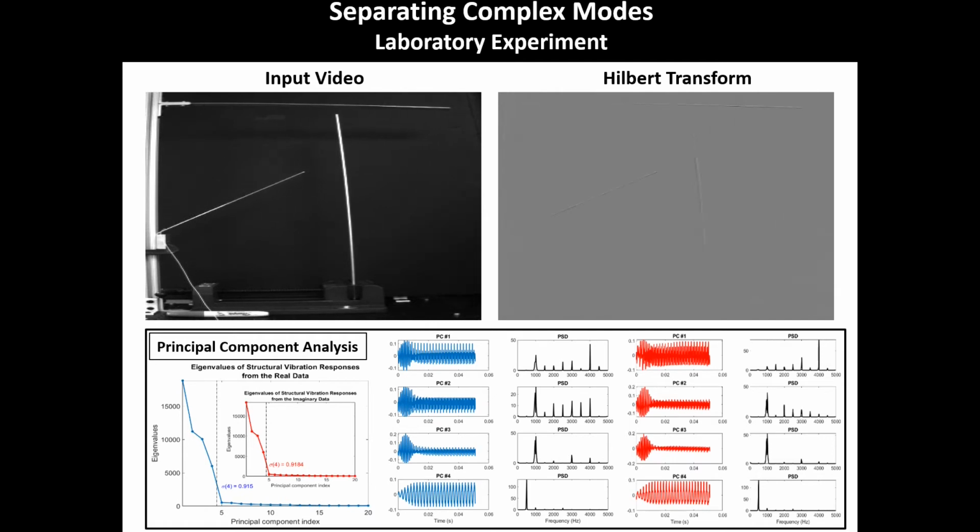For this, we recorded a video where three different cantilever beams are excited using a modal hammer. Later, along with its Hilbert transform, dimensionality reduction is carried out, from which four principal components are estimated for each set of real and imaginary data, from which one more time we can verify a mixture of different modes.